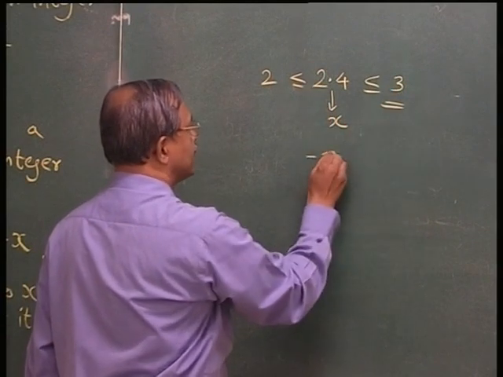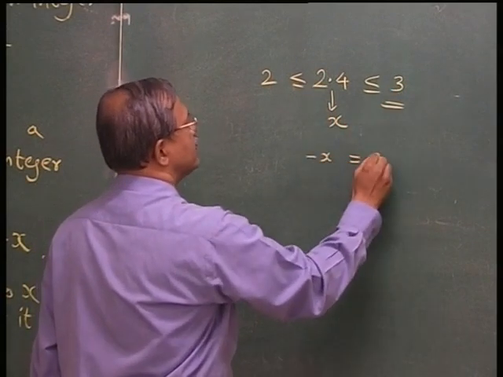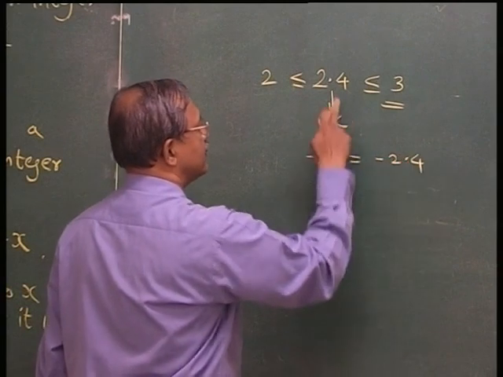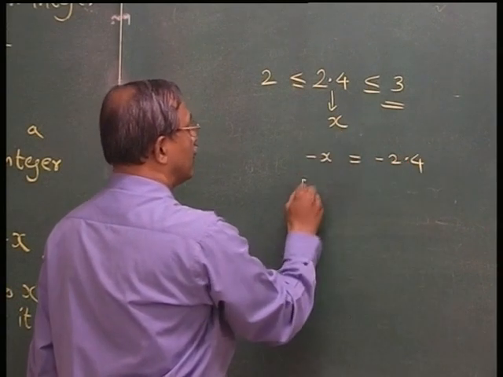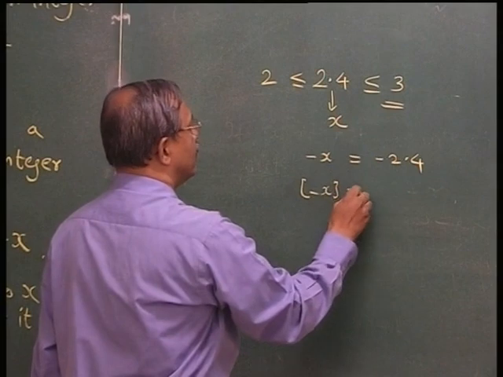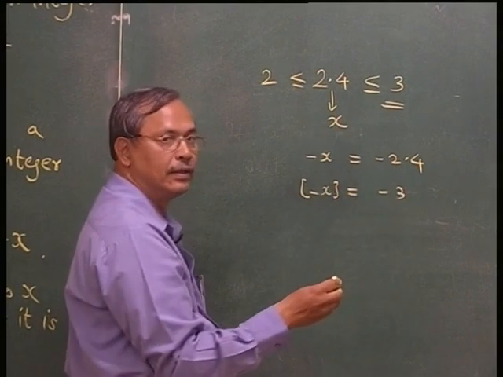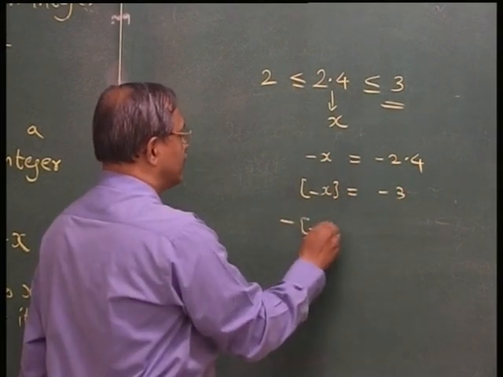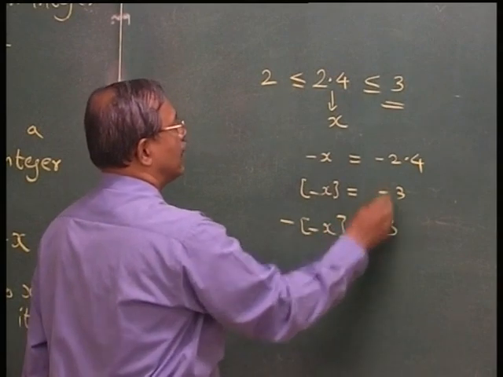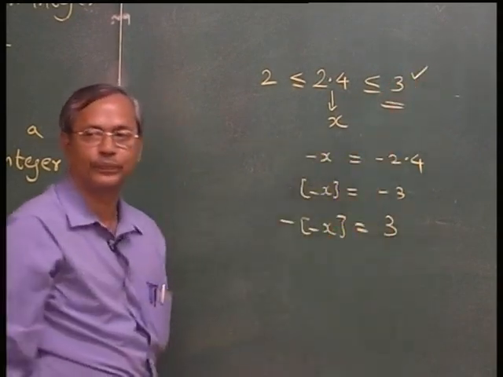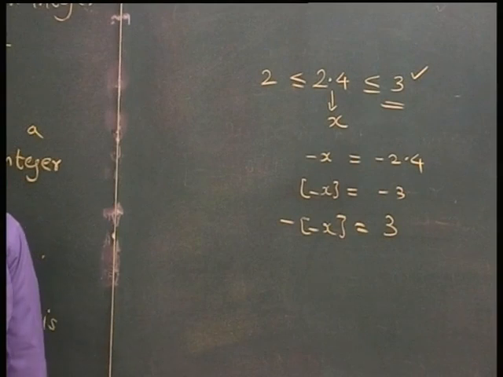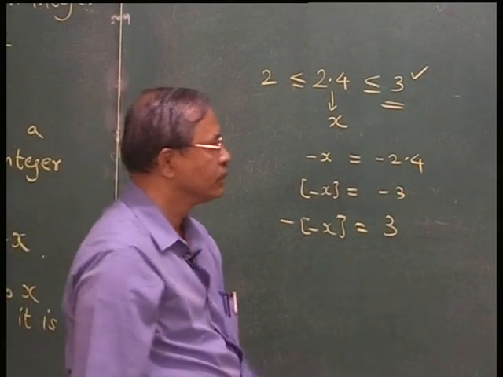This is your x. I want to get this. So what is minus x? Minus x is minus 2.4 in this case. Now take the integral part of minus x, which is minus 3. And take minus of this. That is 3. That is this number. So you can get this number in this fashion.